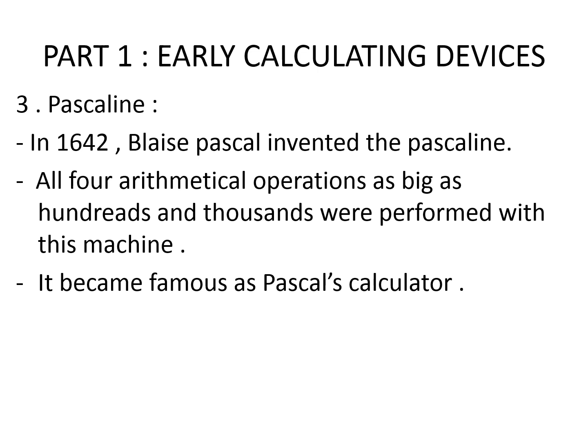If you read the second point, what it says: all four arithmetical operations as big as hundreds and thousands were performed with this machine. So using this device you could perform arithmetical operations on bigger numbers, the numbers in hundreds or thousands.